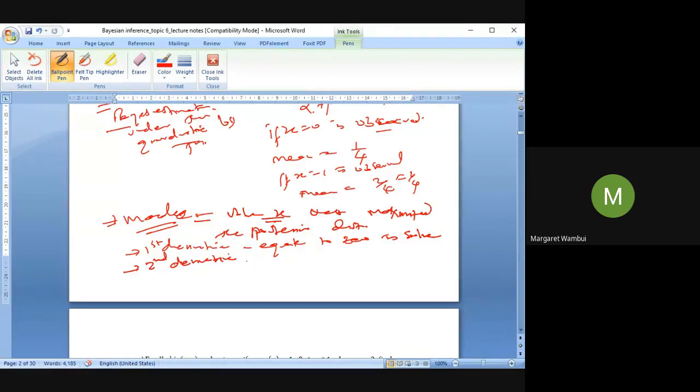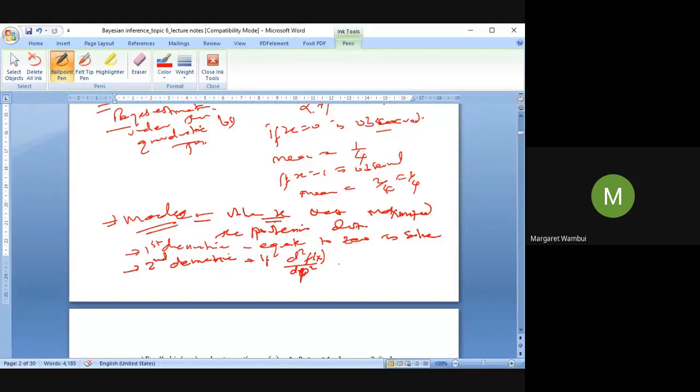Find the second derivative of your posterior distribution with respect to theta, or p in our case here. It usually becomes maximum when, is it less than or greater than? Let me remember.